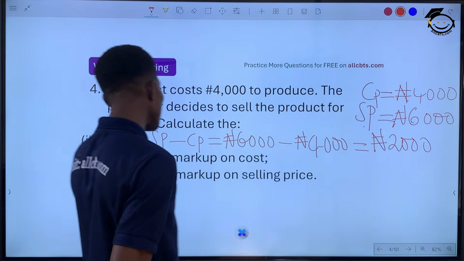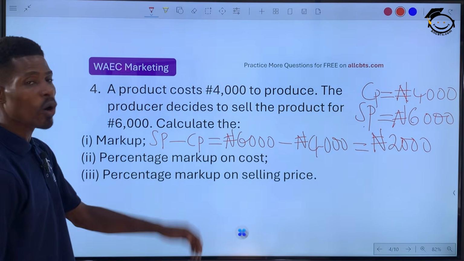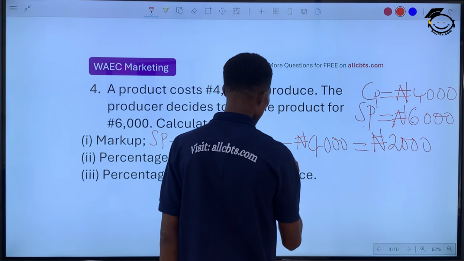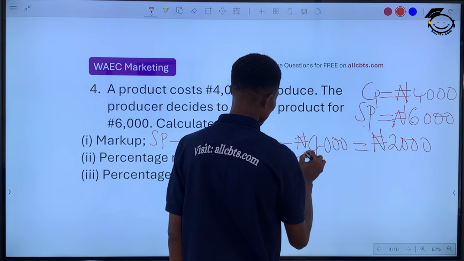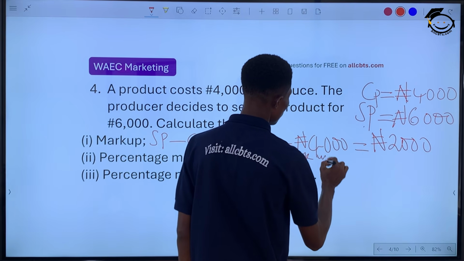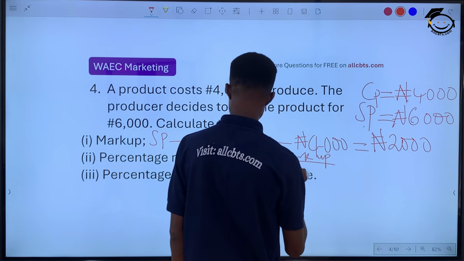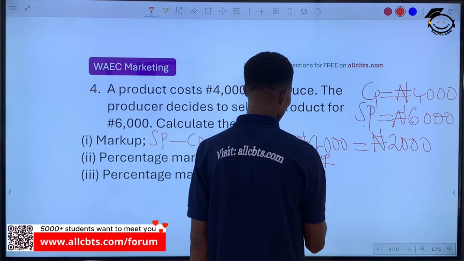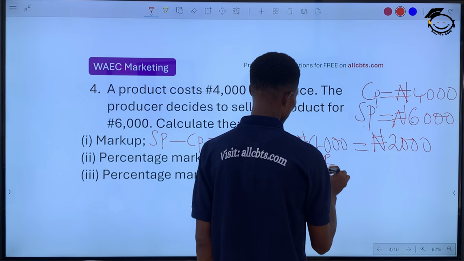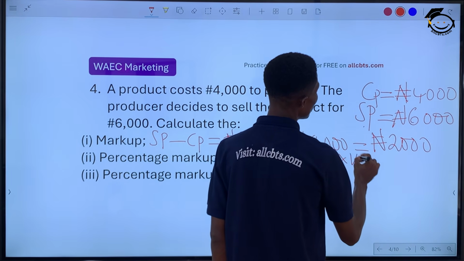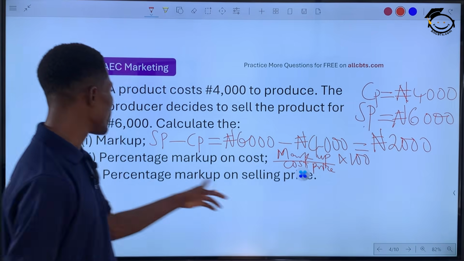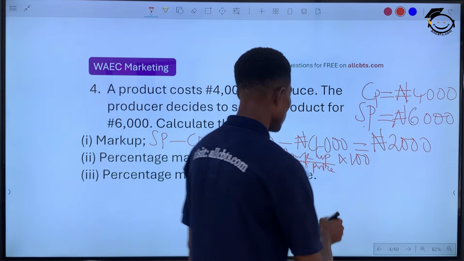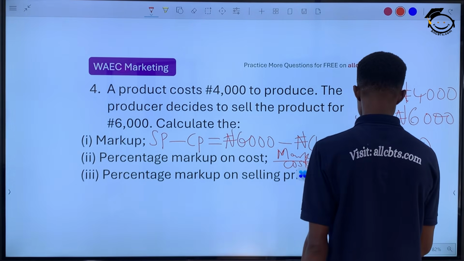Now, percentage markup on cost. Here's the formula. That will be markup over cost price, because we're looking at cost, times 100%. Why? Because we are dealing with percentage.